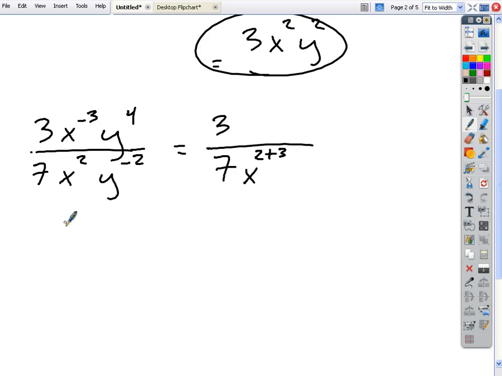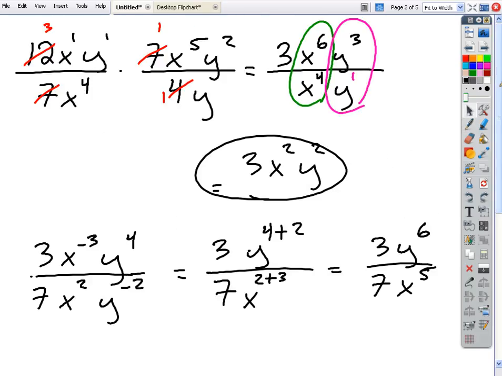Okay? So that's 5, right? What about the y's? Okay, 4 is bigger than negative 2, so the base y is going to stay on the top to the 4 minus negative 2. And so my final answer is just 3y to the 6th over 7x to the 5th. Right? Okay. Make sense? Okay. All right.